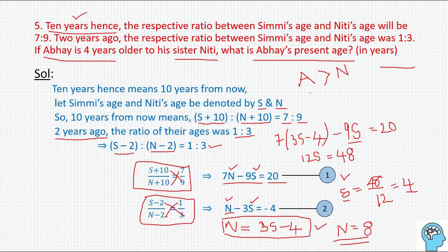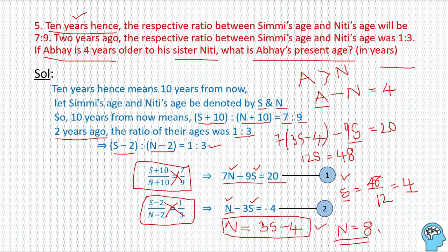So the difference between the brother's and sister's age will be A minus N, which is equal to 4.